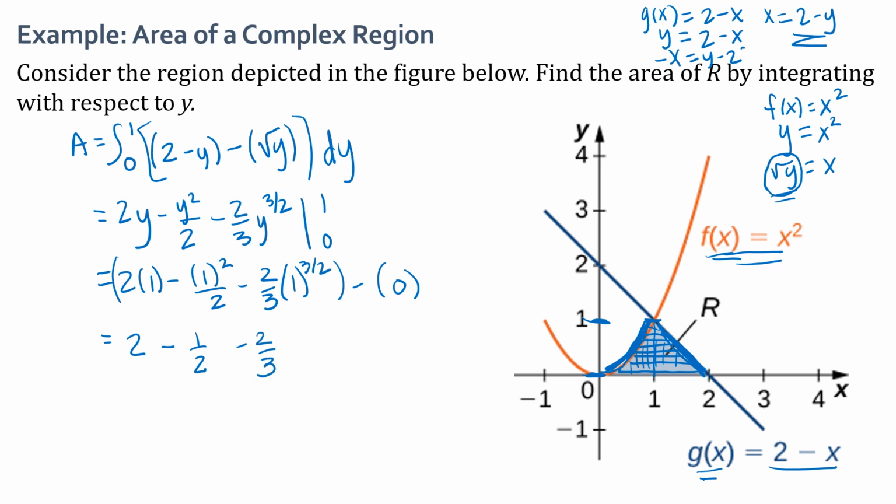To simplify this, let's get a common denominator, and that common denominator will be 6. So the 2 needs to be multiplied by 6 over 6, the 1/2 needs to be multiplied by 3 over 3, and the 2/3 needs to be multiplied by 2 over 2. When I do that, I get 12 over 6 minus 3 over 6 minus 4 over 6, which gives me 5/6 units squared.